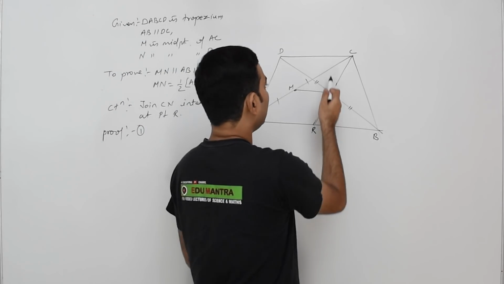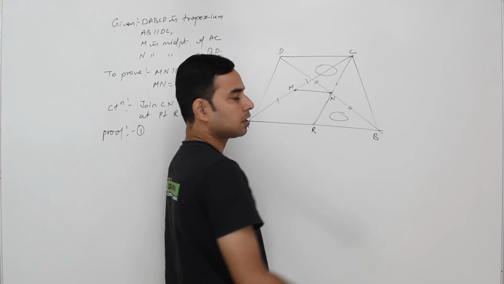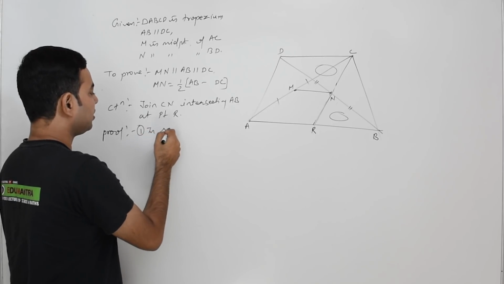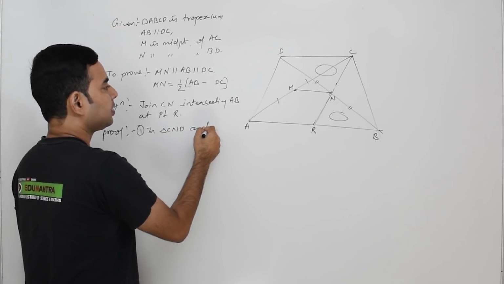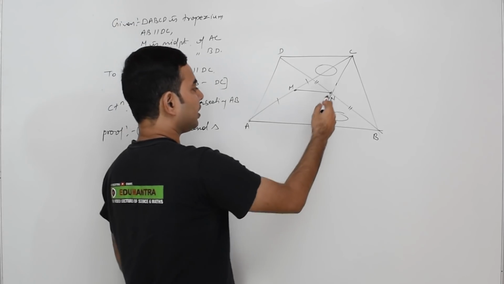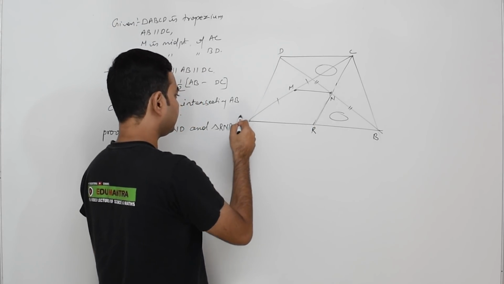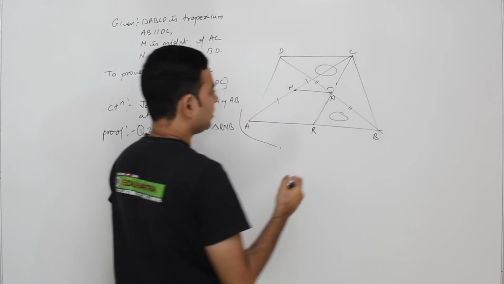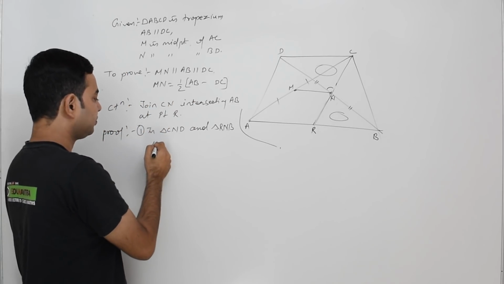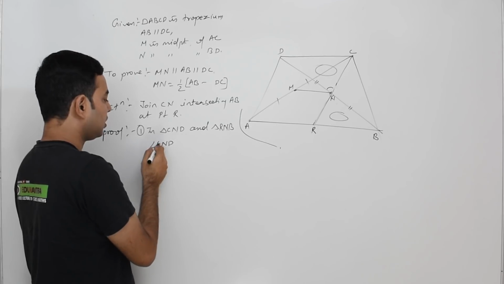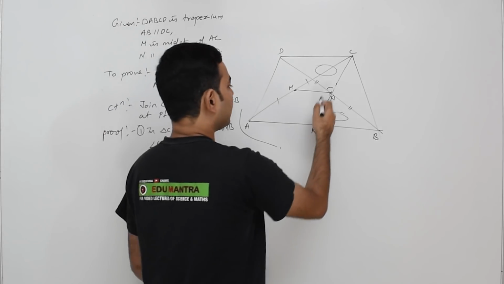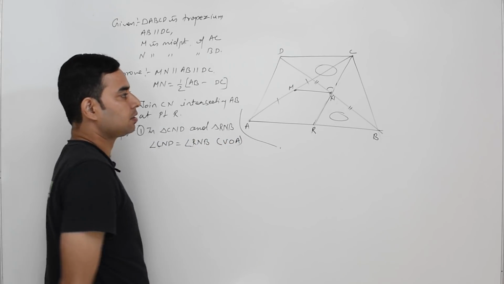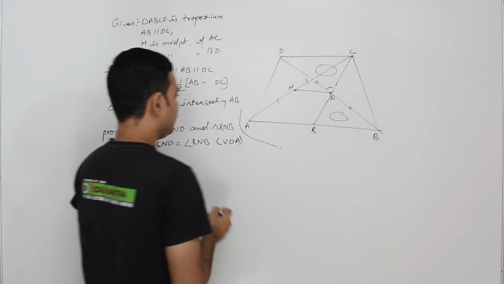Now for proving this one, we have to prove these two triangles as congruent triangles. So in triangle CND and triangle RNB, these are vertically opposite angles. So angle CND is equal to angle RNB, vertically opposite angles. Then ND is equal to NB.